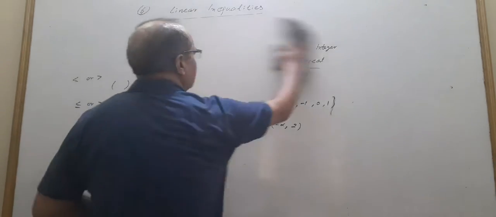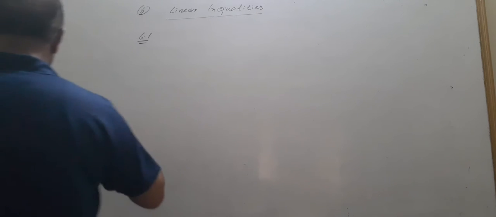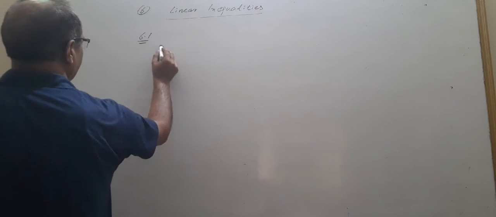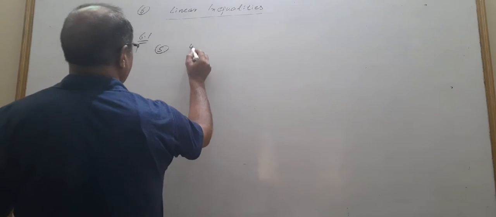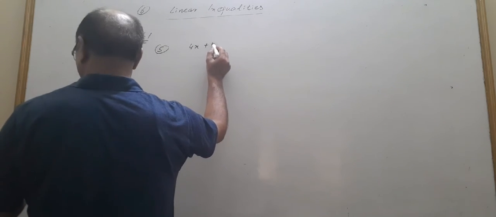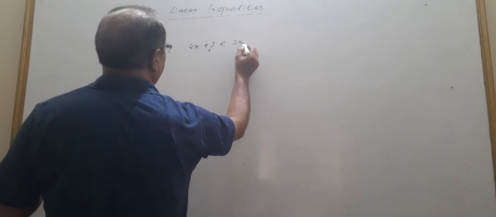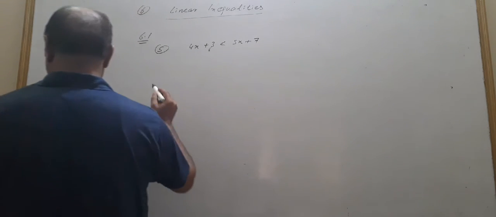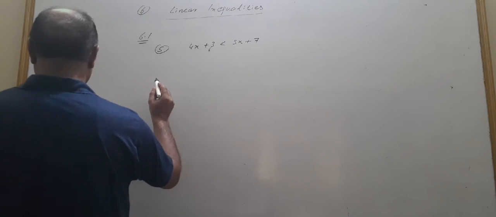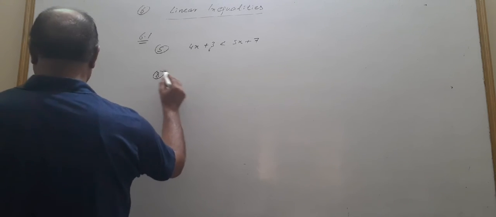Okay. Now, I am taking another problem. That is question number 5. It's very simple, and you have to try to solve more problems yourself so that you can clear your concepts. I am writing question number 5, and then question number 8.